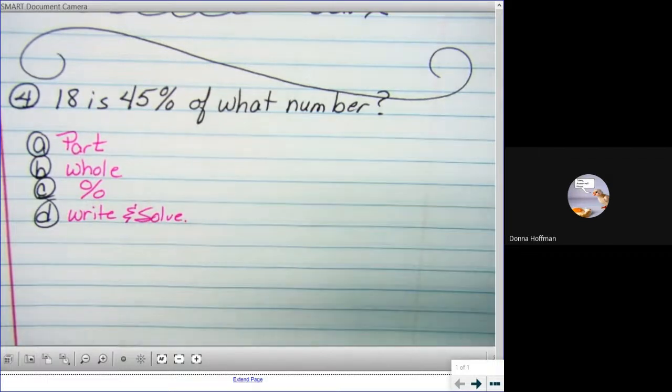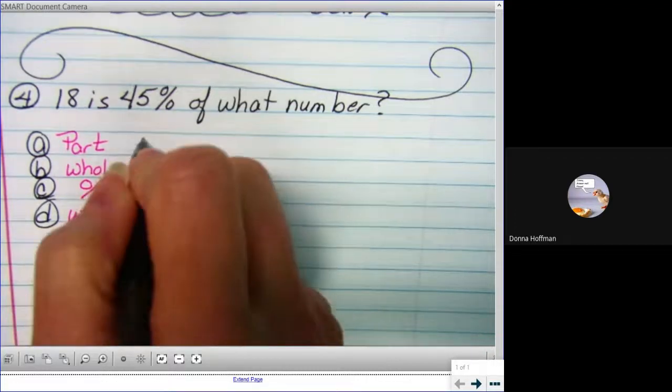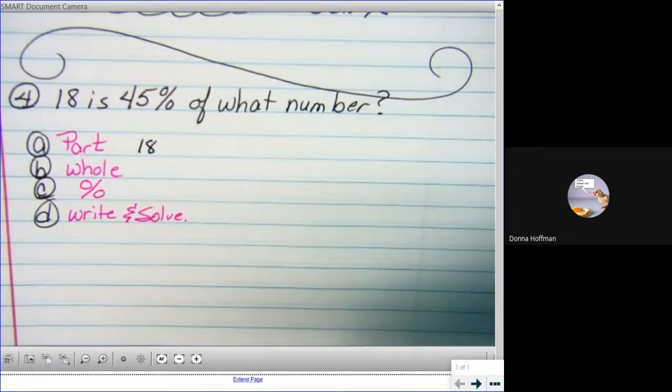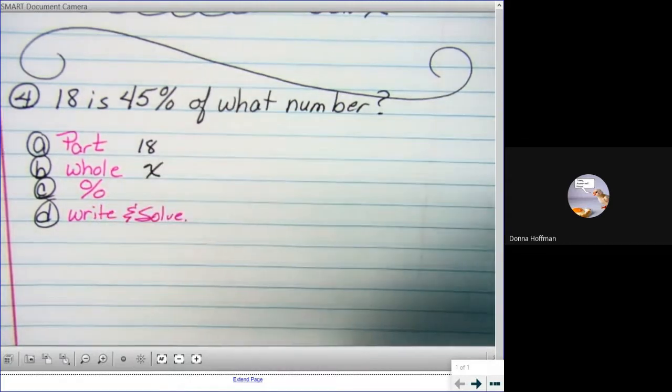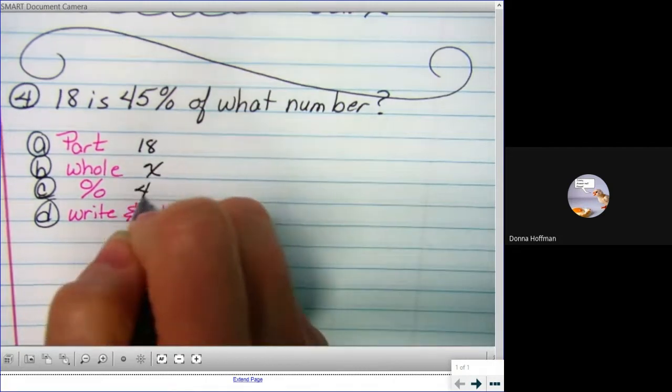Okay, so what is the part that you guys found? $18 is the part. Good. Do you know what the whole number is? That's your X. What's the percentage? 45.